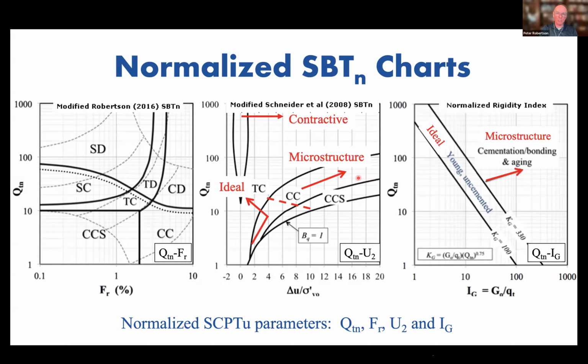And that again is a sign of microstructure. If you have a cemented clay, then it may appear to be very stiff because of the cementation. But if you shear it with a cone, you fail it by pushing the cone into it, then you break down the bonds and it actually contracts and you get large positive pore pressures.